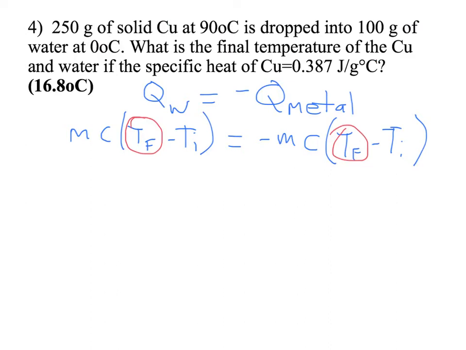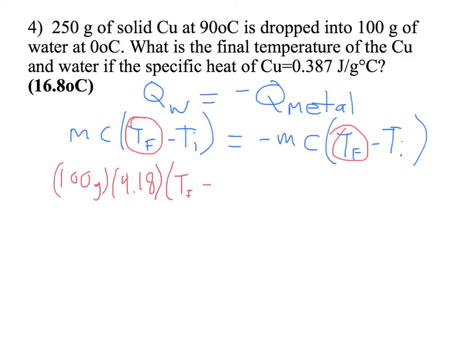If we substitute these numbers now, I'm going to do this for the water. We start off with 100 grams of water times the C for water, which is 4.18. I'm going to leave off the units here just for purposes of space, because I don't have much space on this iPad. The TF, of course, is unknown, minus Ti for the water.